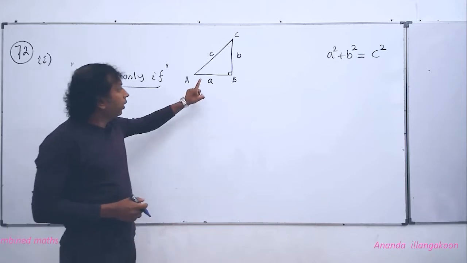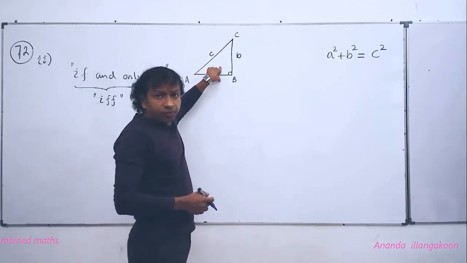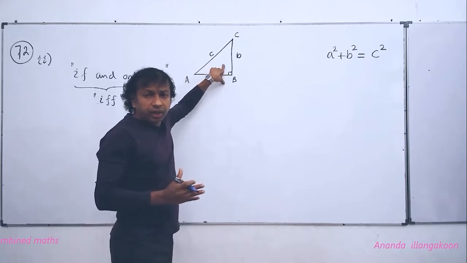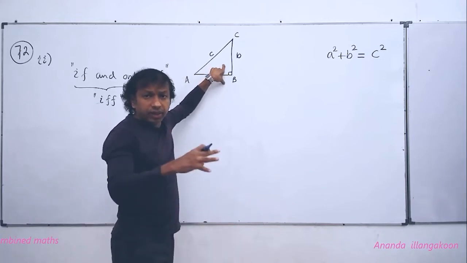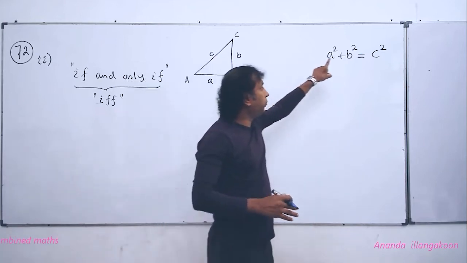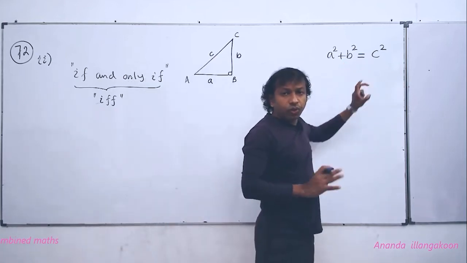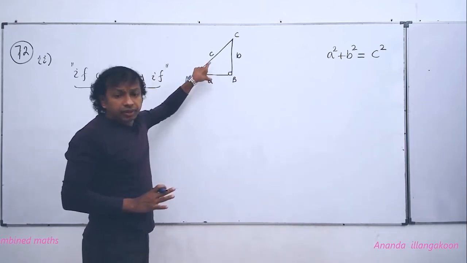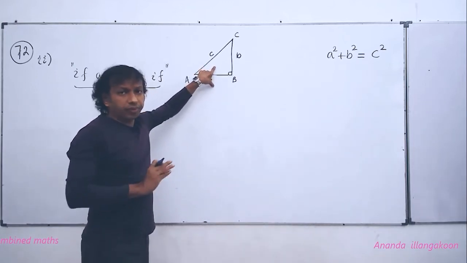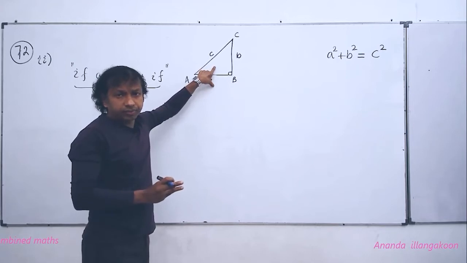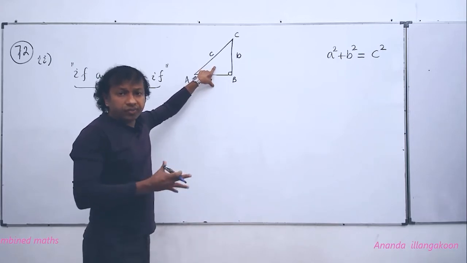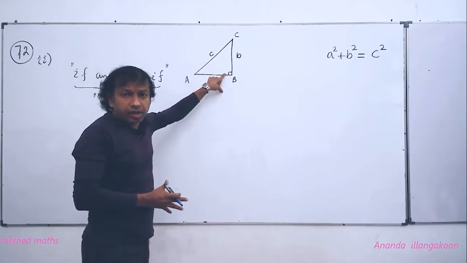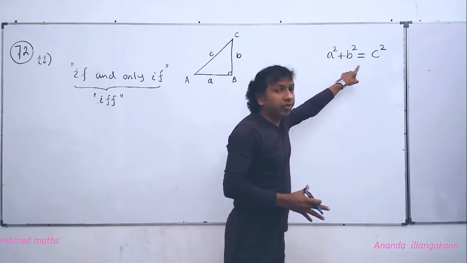Now I am going to abbreviate this statement like this. We start from: the triangle is right angle. Then this is true. That is the forward result. We start saying the triangle is right angle, in other words, a right angle triangle we have. If the triangle is right angled, this result becomes true.